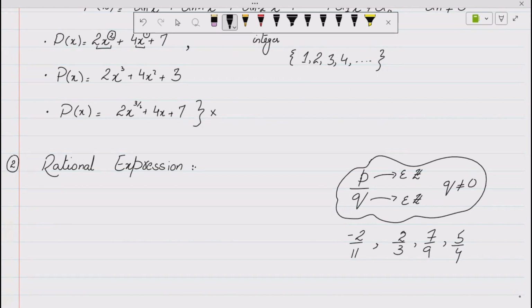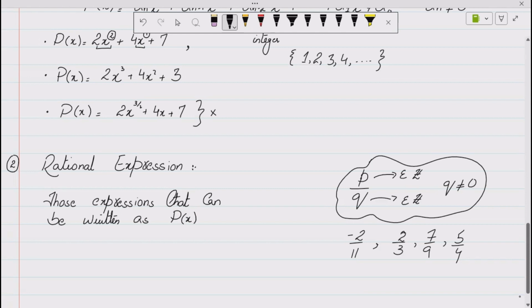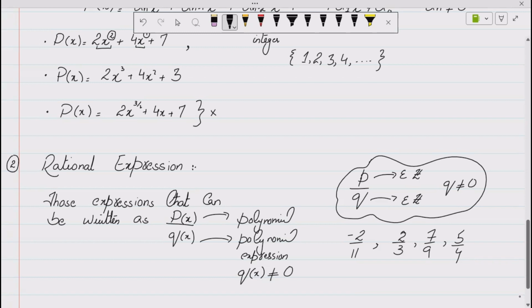The rational expression has the same definition. Rational expressions are those expressions that can be written as p(x) over q(x), where p(x) is a polynomial expression, q(x) is also a polynomial expression, but q(x) is not equal to 0.